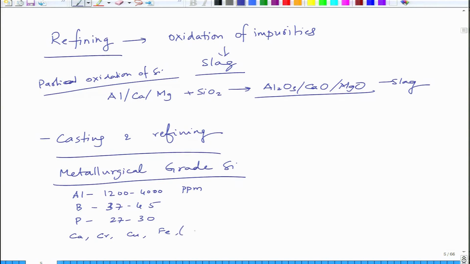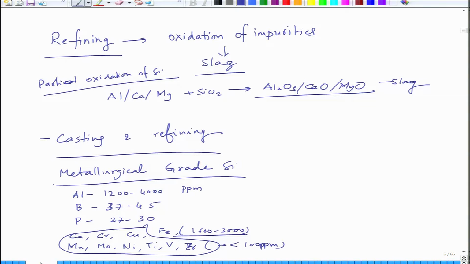Iron is relatively large, 1600 to 3000 ppm, and then we have manganese, moly, nickel, titanium, vanadium, zirconium, and all these are less than about 100 ppm, all of them except iron. Some of these may be 200 ppm or so, but generally less than 100 ppm. So, this is the metallurgical grade silicon.